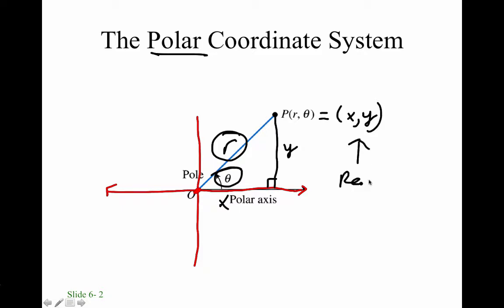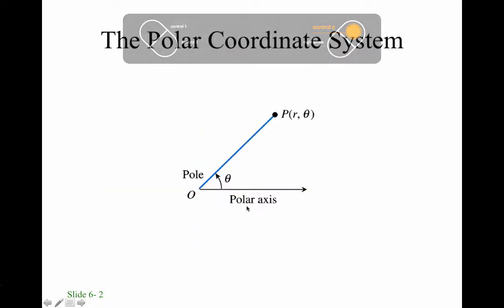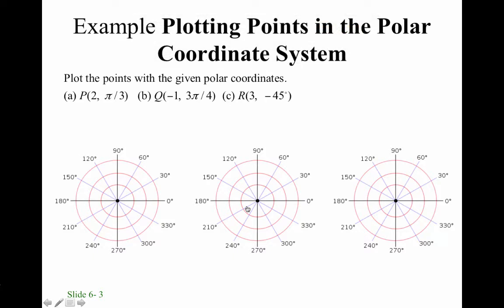These are rectangular coordinates. Why are they rectangular? Because of the right angle. Plotting points on a rectangular grid. If this is point P, I'm going to go with an r of 2 and a theta of pi over 3.